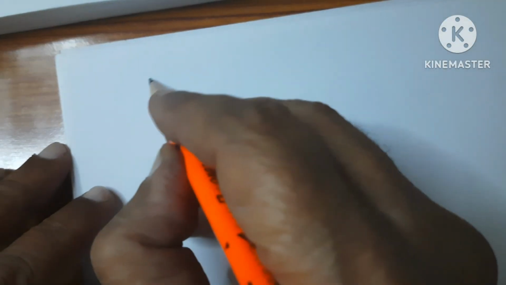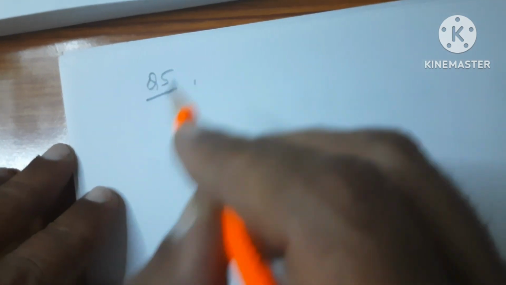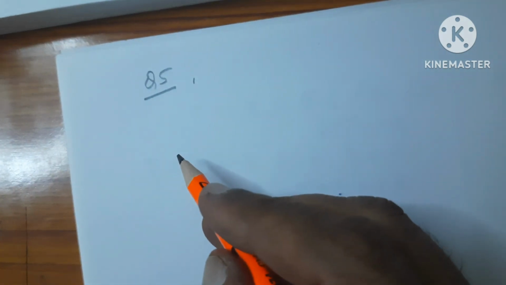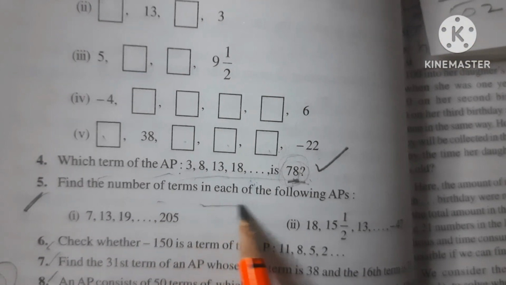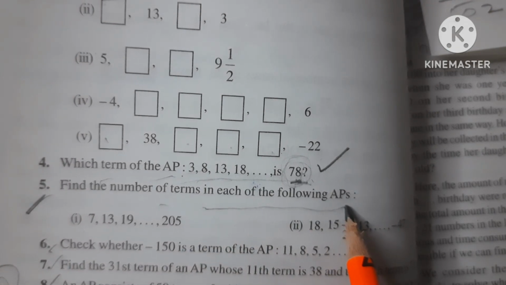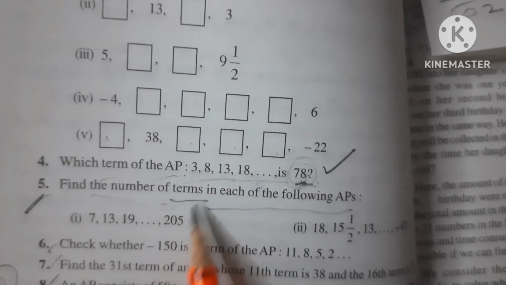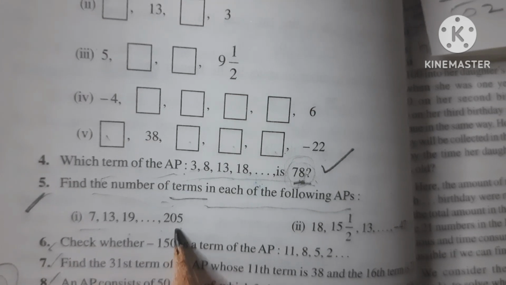Question number 5. Question 5 is: find the number of terms in each of the following. Find the number of terms. N we have to find out.